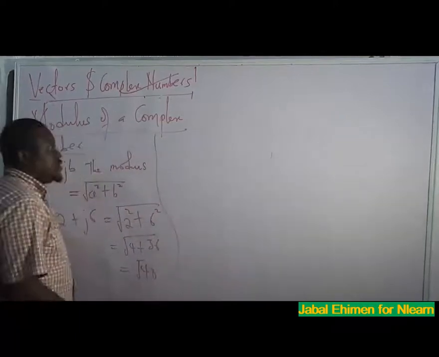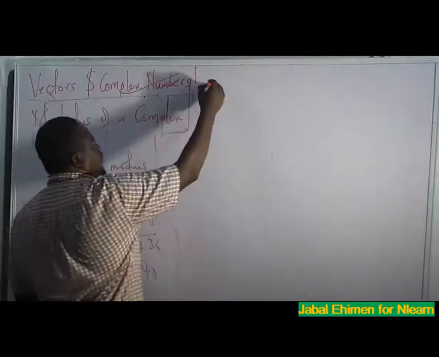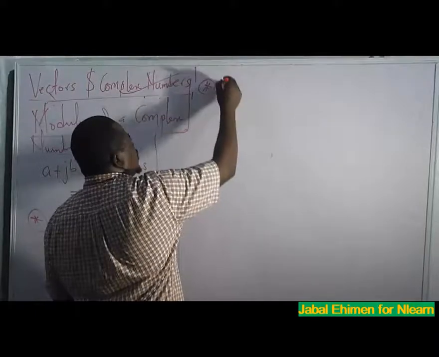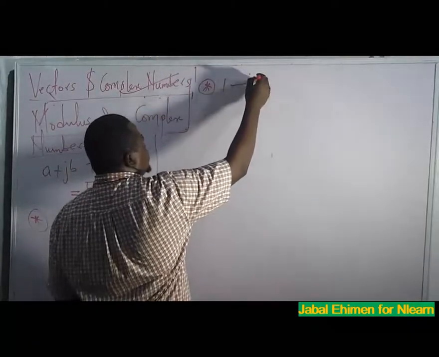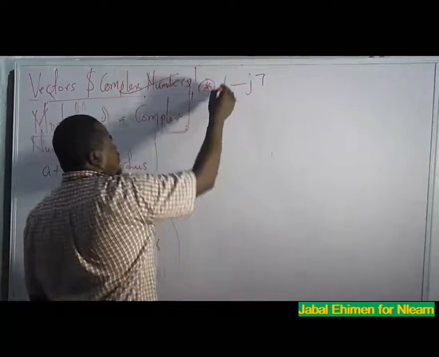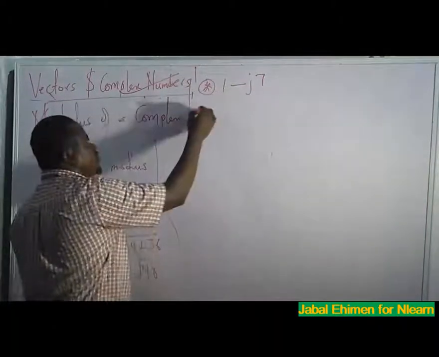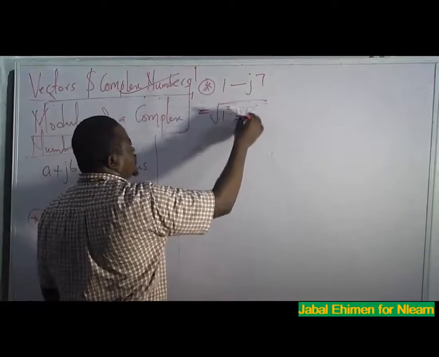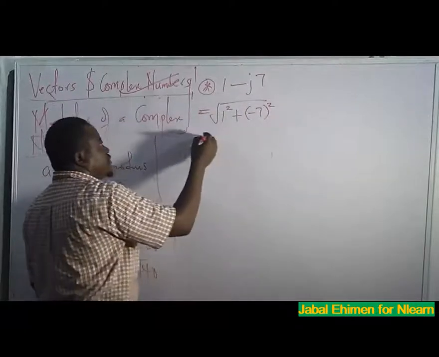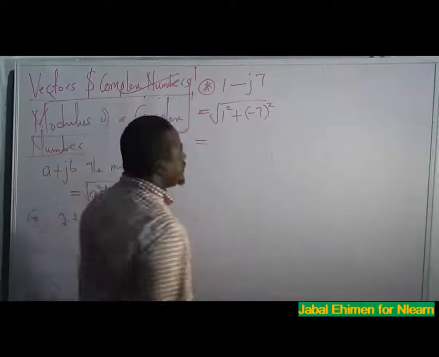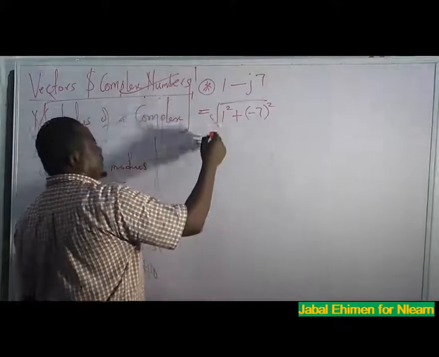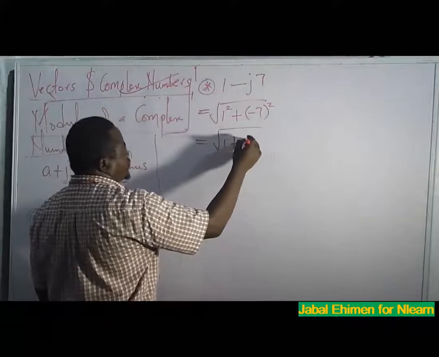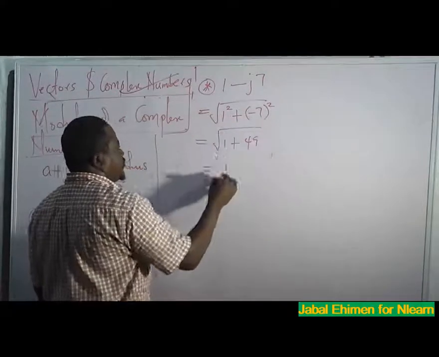If you are given 1 minus j7, what would be the modulus? It would be the square root of 1 squared plus minus 7 squared, which is the square root of 1 plus 49, that's root 50.